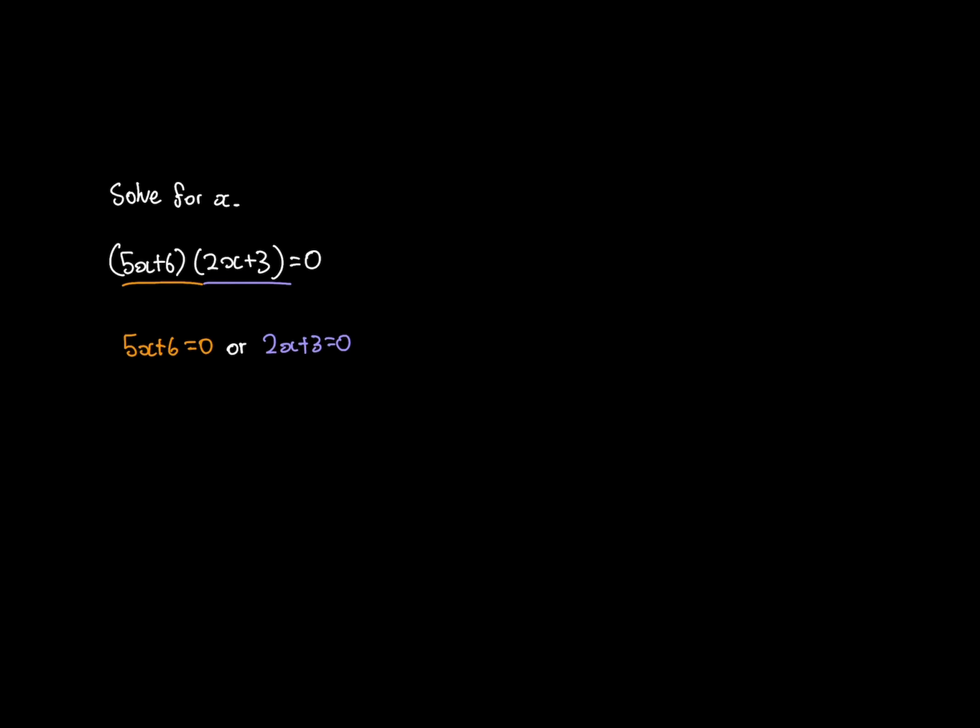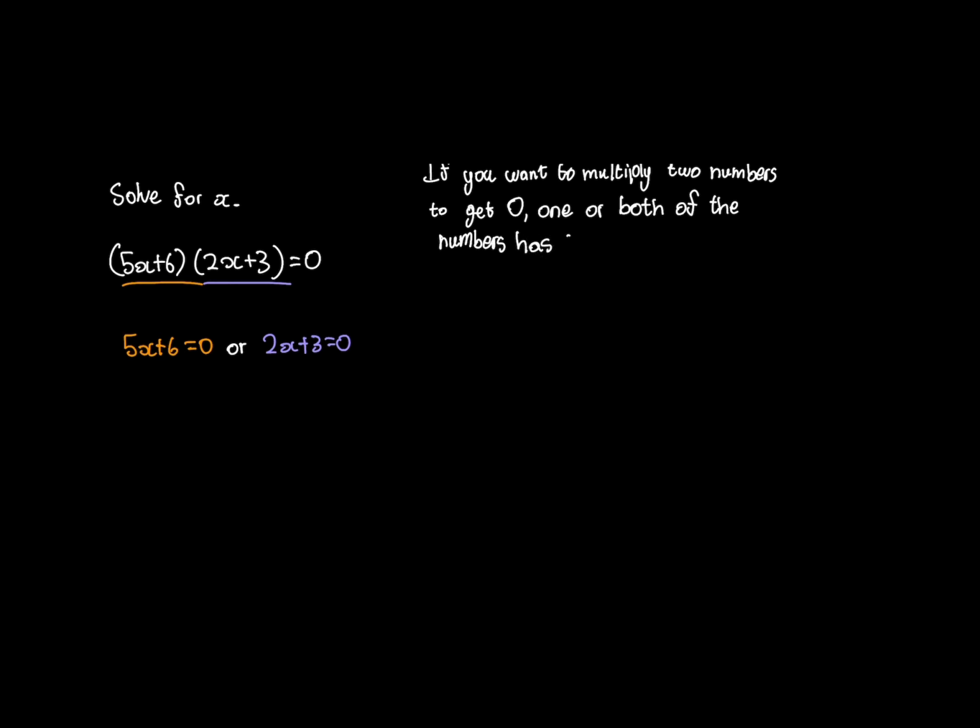Because remember, if you want to multiply two numbers to get 0, one or both of the numbers has to be equal to 0.